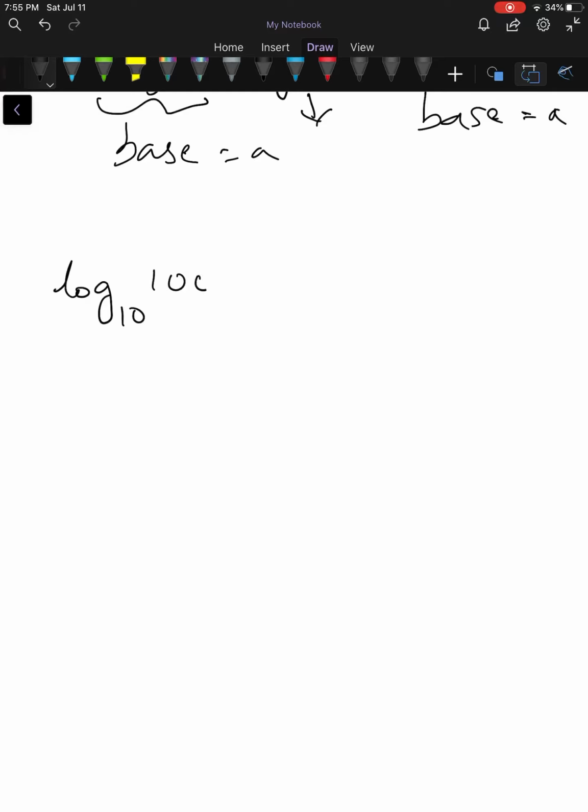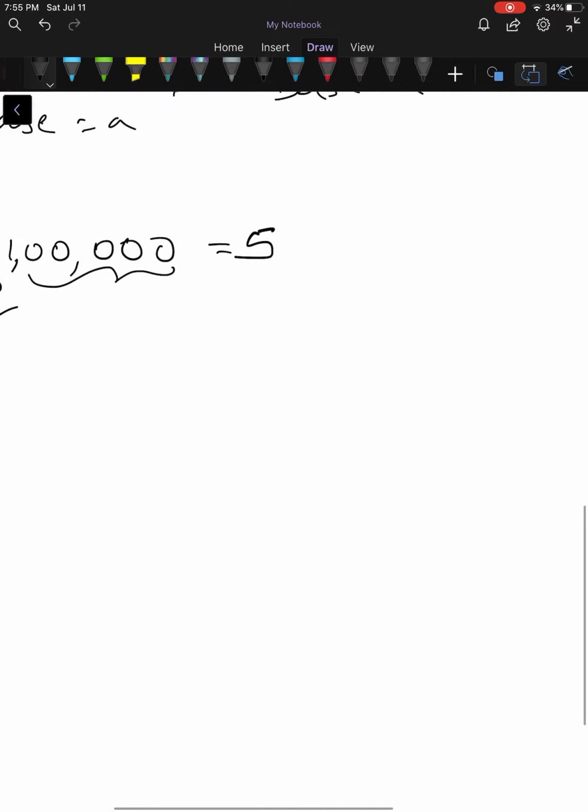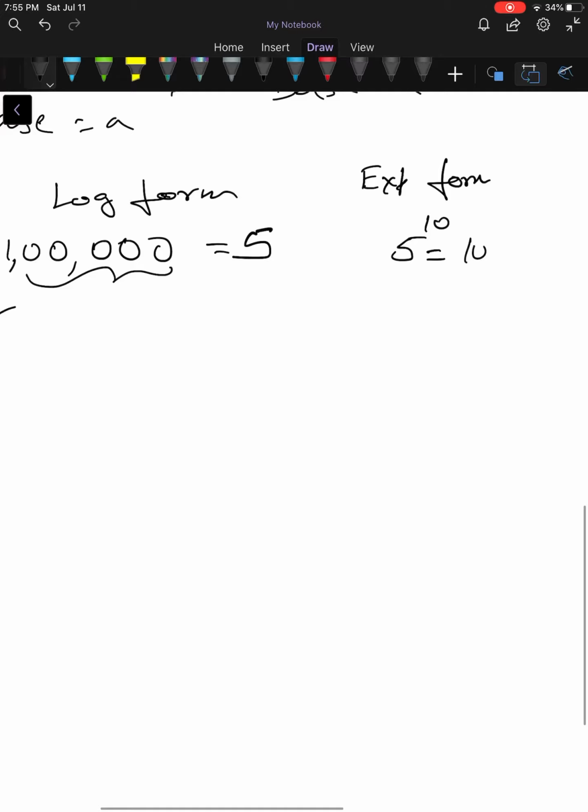For example, log base 10 of 1 lakh is 5, that is the log form, and the exponential form would be 10 to the power 5 is equal to 1 lakh.